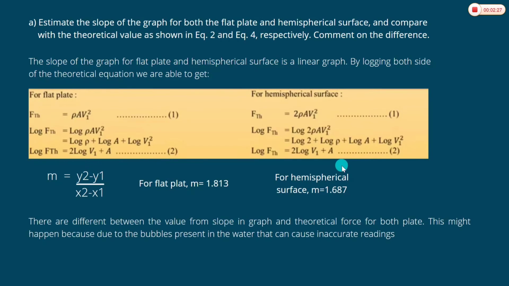Next, estimate the slope of the graph for both the flat plate and hemispherical surface and compare with the theoretical value as shown in equation 2 and equation 4 respectively. Comment on the difference.